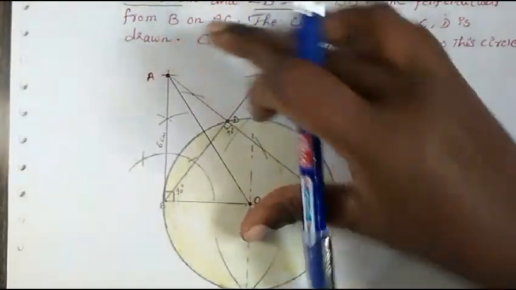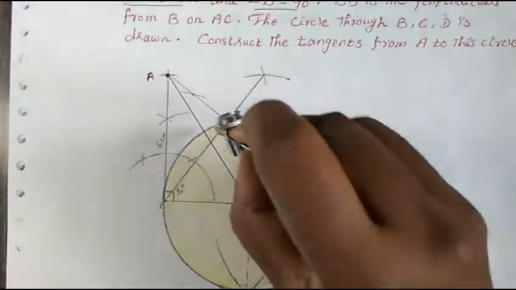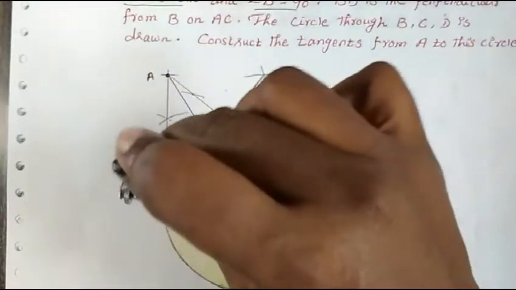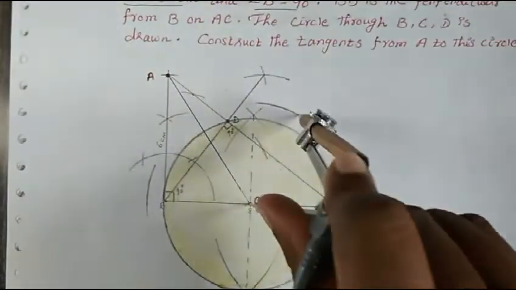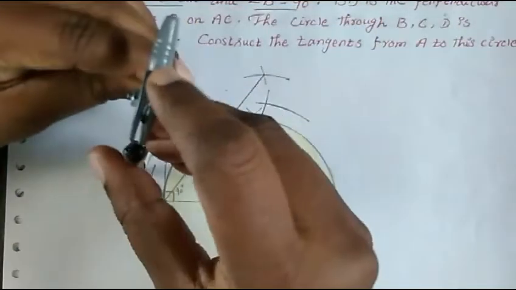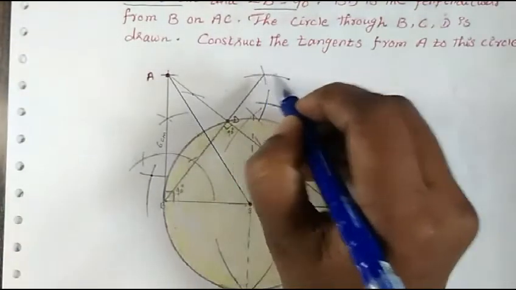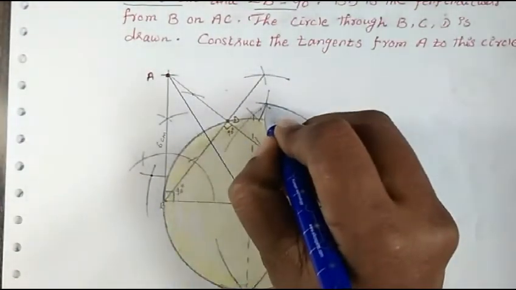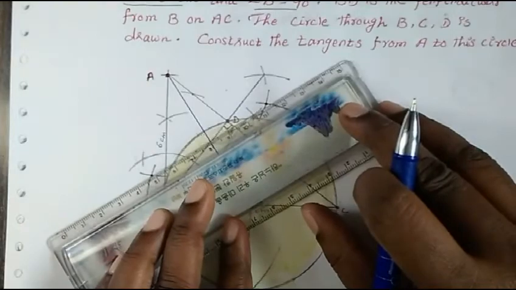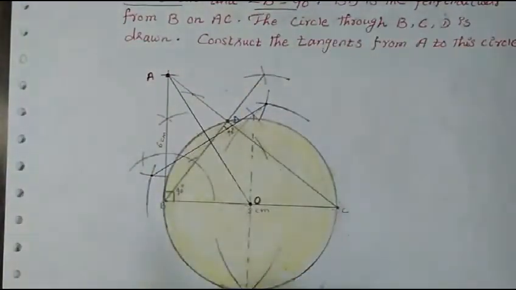So of this line we will find the midpoint. How do we find it? More than half measure we have to take and draw arcs on both sides from A. Okay. So this is the arc, right? This is the arc. So join these both lines.